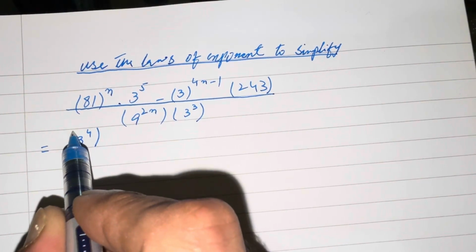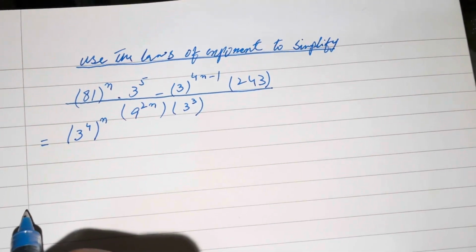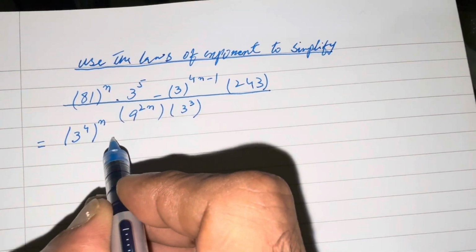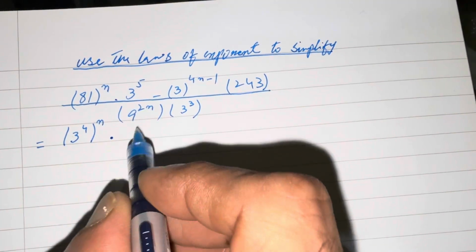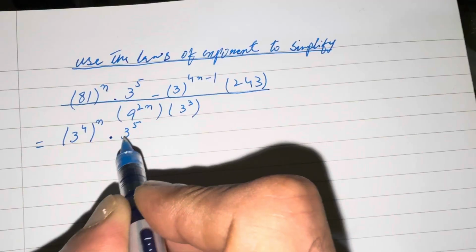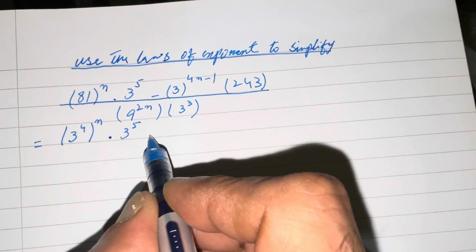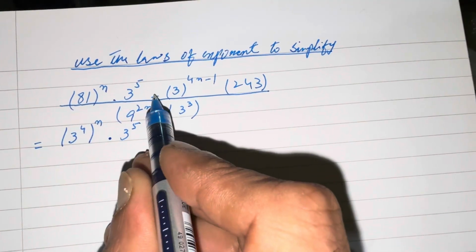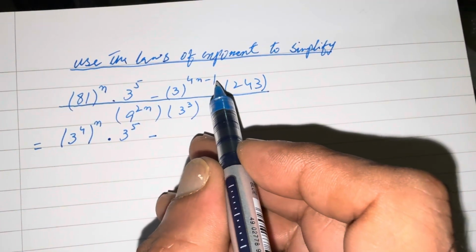And the whole power is raised to power n. So multiplied by ये 3 raised to power 5 वैसे ही रहेगा क्योंकि ऑलरेडी गिवन है बेस 3 के साथ, and then minus 3 raised to power 4n minus 1.